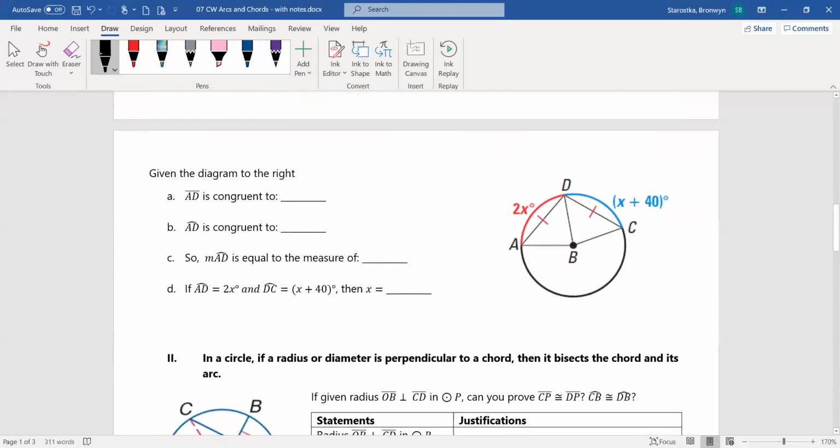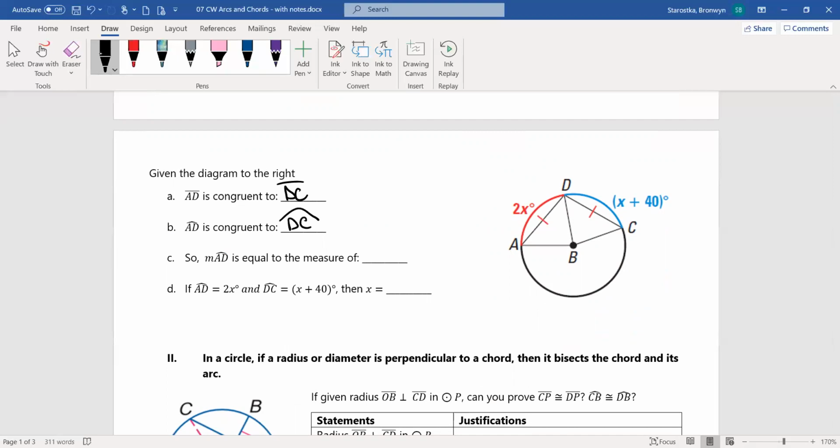Here we go. Given the diagram to the right, chord AD is congruent to chord DC. The segments are congruent, so arc AD is congruent to arc DC.